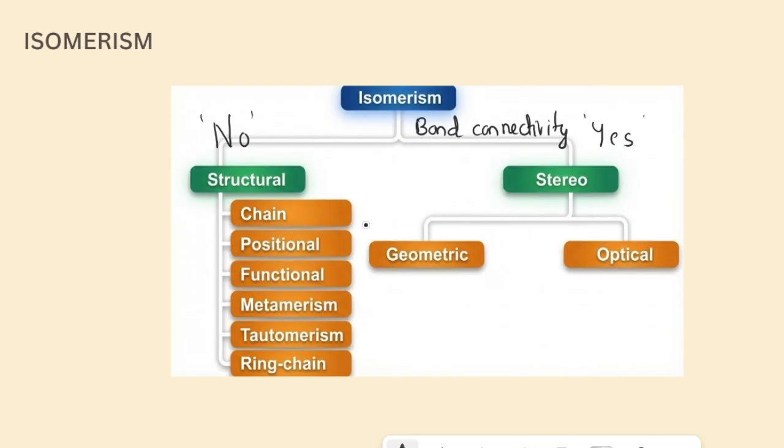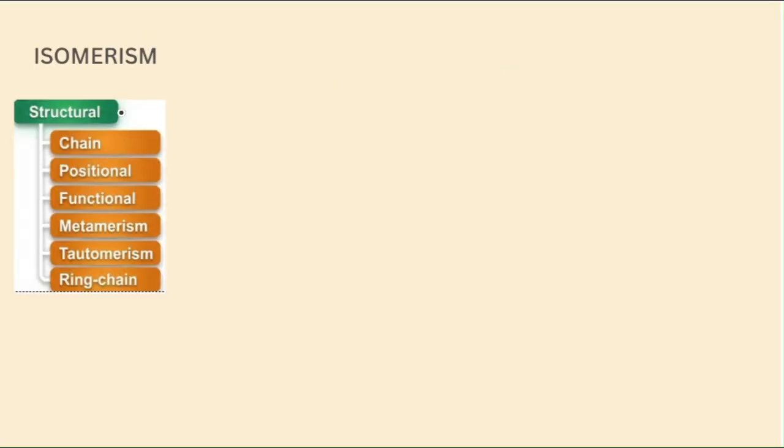Let's discuss all these isomers one by one. What are structural isomers? The structural isomers, as I explained earlier, have the same molecular formula but different bond connectivity. What exactly does it mean? Let's understand this using chain isomers.